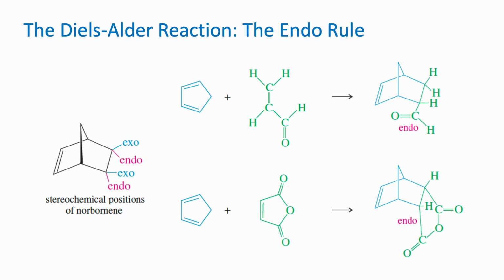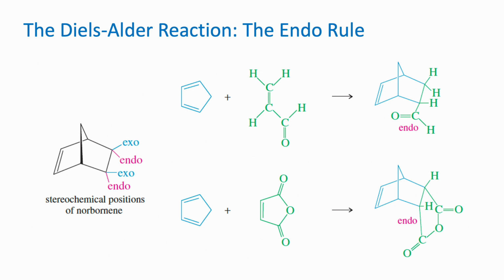Okay, so here are just the outcomes of some of these reactions. So we have a cyclopentadiene as our diene, and then we have this green compound that has our double bond that will serve as the dienophile, and our electron withdrawing group, which in this case is an aldehyde. It's that carbonyl. So the aldehyde has a double bond, has p orbitals, has pi molecular orbitals.